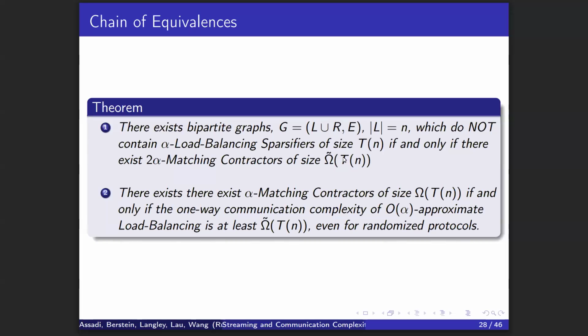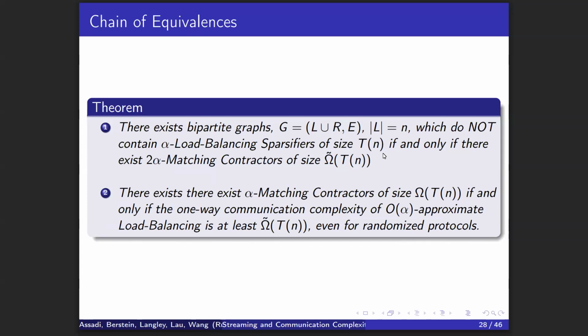In other words, up to some log n factor, a graph cannot be sparsified under this load balancing sparsifier definition if and only if there exist dense matching contractors.